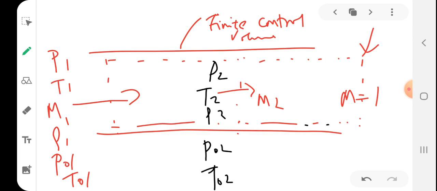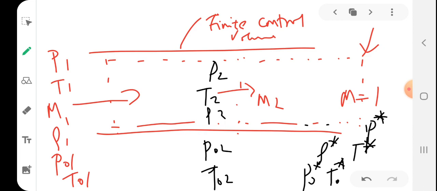That means the situation here is choking. There is a maximum possible length of the duct. Here the corresponding pressure will be P star. Since this is the critical or choking section, it can be taken as P star, T star, rho star, P0 star and T0 star.